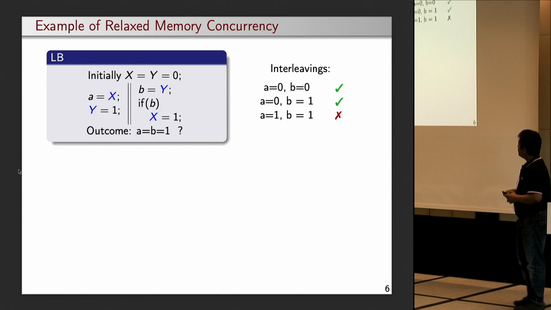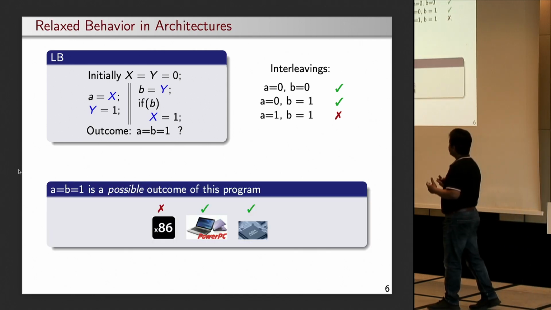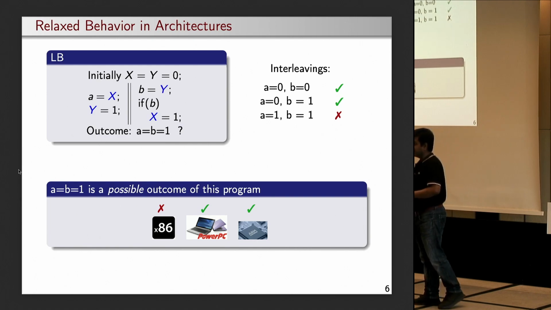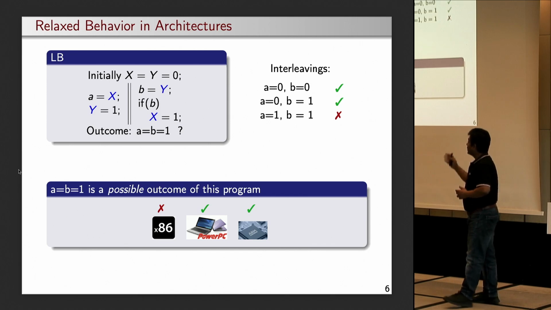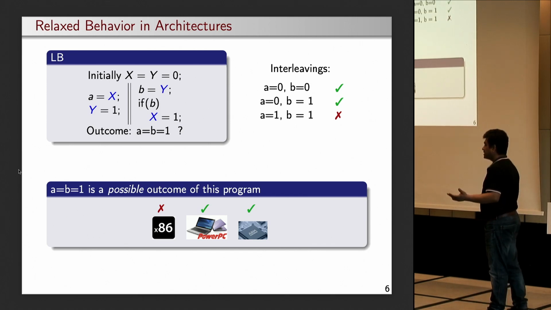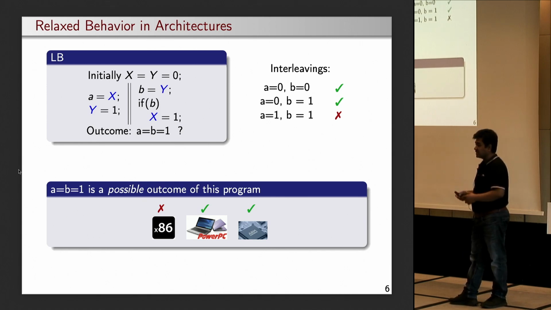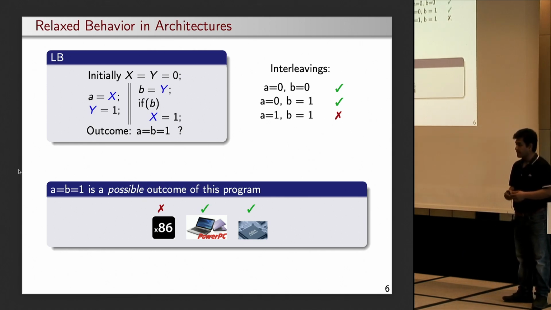However, if we run this program on different multicore hardware, this outcome is not allowed on x86 machines like Intel processors. However, on PowerPC or ARM processors, this outcome is allowed.